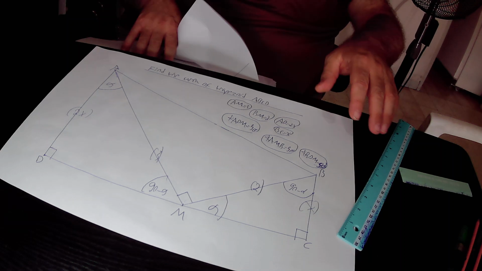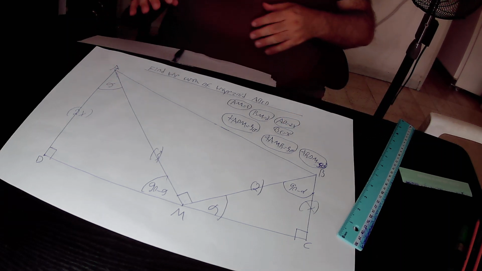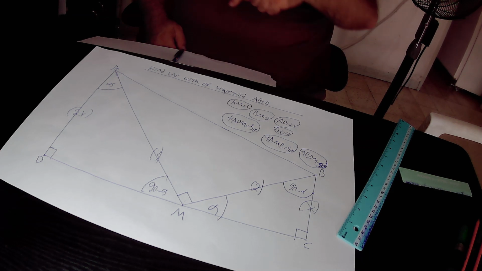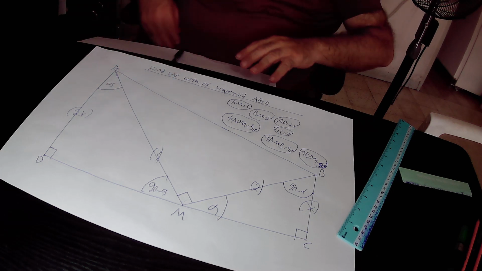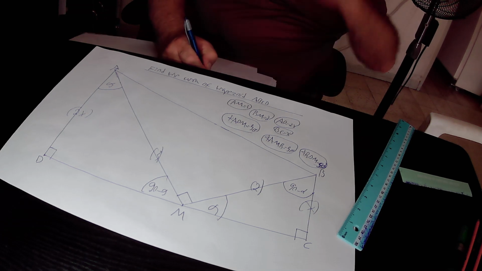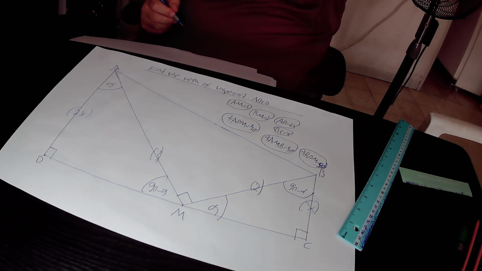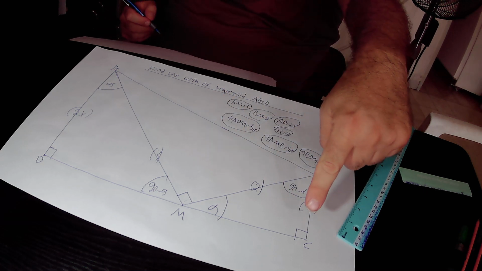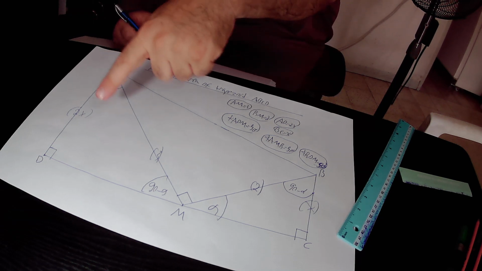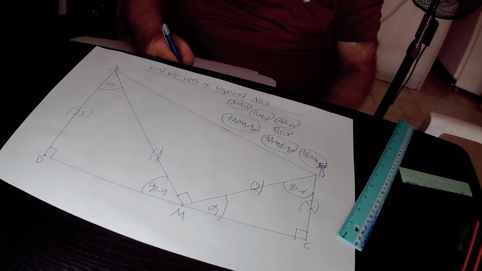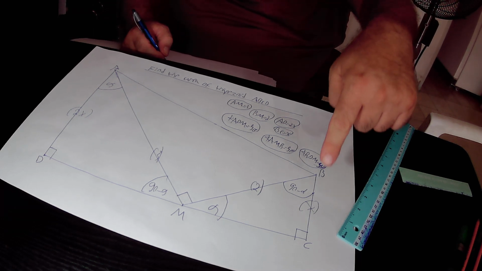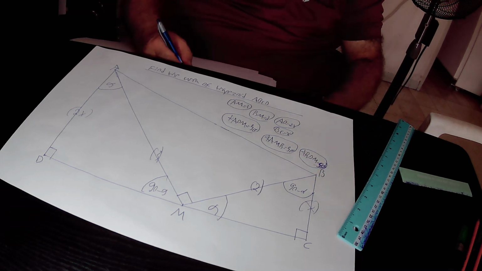And from the fact that those two right angles are similar to each other, we derive that the following relationship exists between their sides. We derive that side AD of this big right angle ADM over side MC of this small right angle BCM is equal to side DM of this big right angle ADM over side BC of this small right angle BCM.